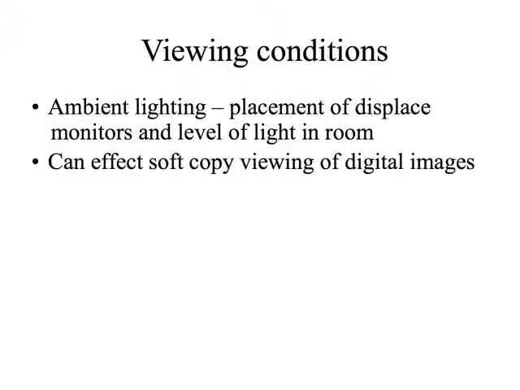What is soft copy image viewing? It would be anytime we're looking at it on a computer screen. If I've printed out a film and I'm hanging it on a whiteboard, that would be hard copy viewing. But the bulk of what we're doing we would call soft copy viewing, and that means we need to be aware of both the pixel values, or the display values of the monitor, and also the kind of lighting that's around the area where we're viewing.